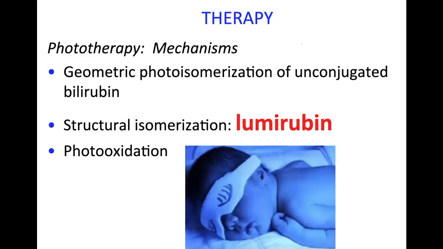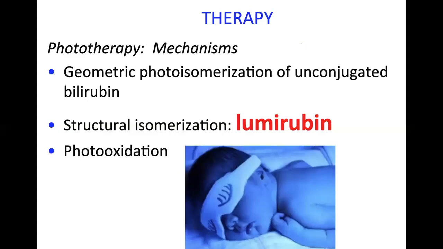So lastly, what is the treatment for kernicterus? This is the explanation for phototherapy. The mechanism is geometric photoisomerization of unconjugated bilirubin.